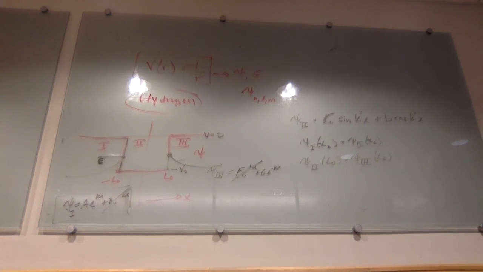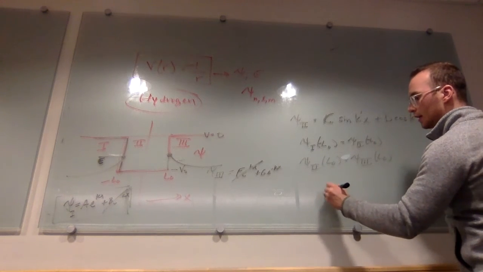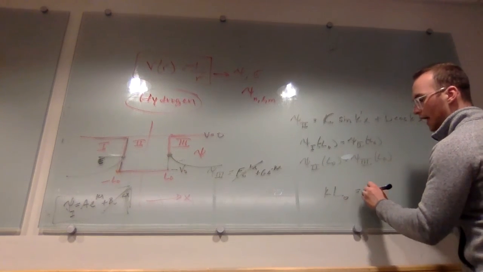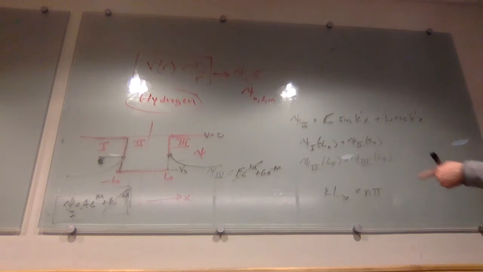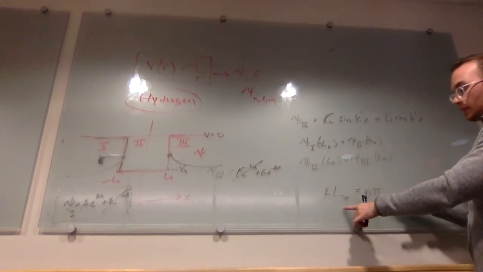Yeah, it's just not going to look pretty. We're going to get quantization conditions that look like k L naught is equal to n pi or whatever. Remember this thing, where we have to say something is 0. It's going to be really messy, but we're going to get something like this.